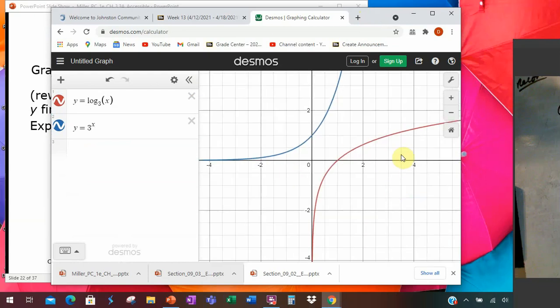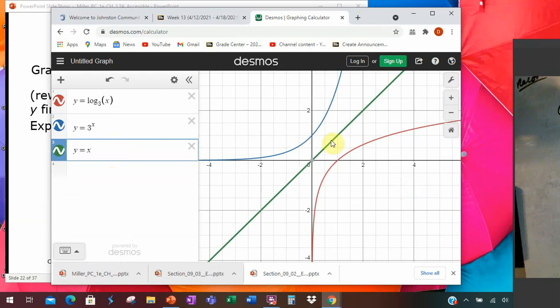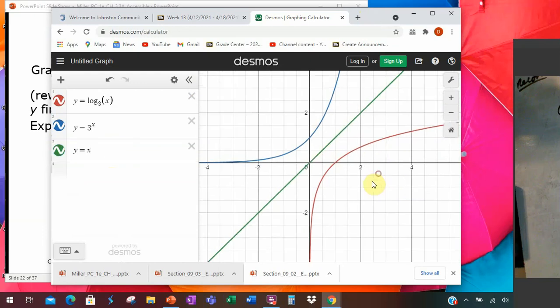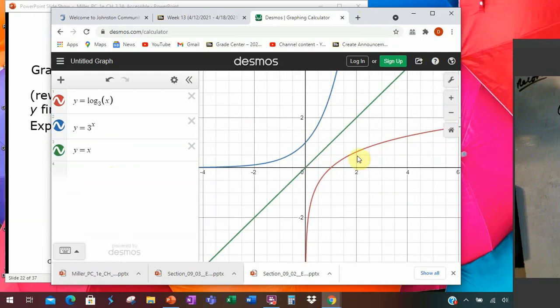And that's how the inverse works. So now if I go y is equal to x, just to show this, there's that line with the symmetry around it. Okay. So any point that I get up here, I'll get the opposite. Here's my (0, 1). There's my (1, 0).